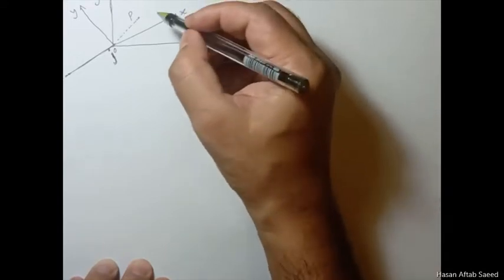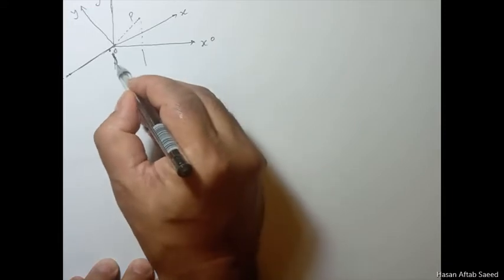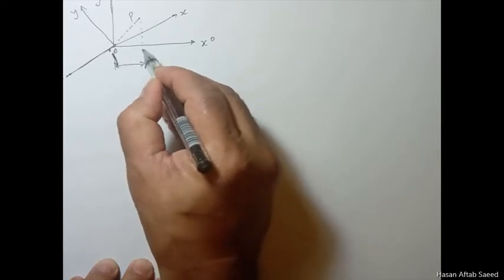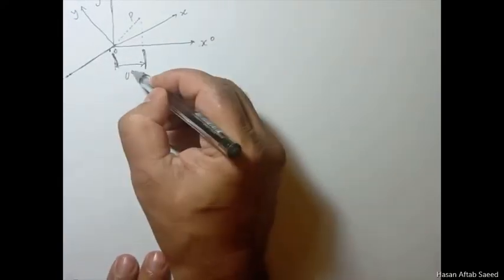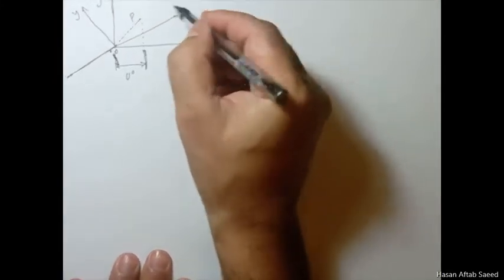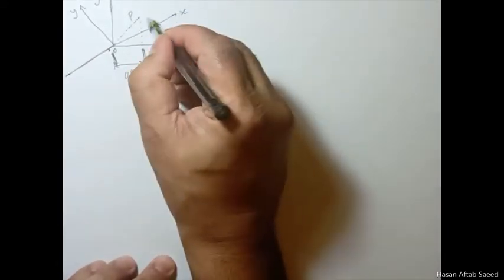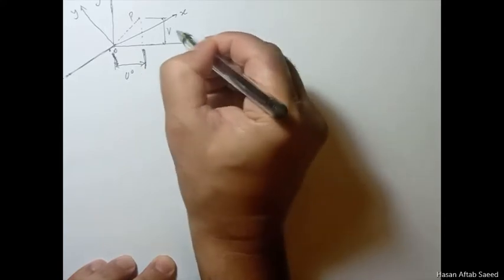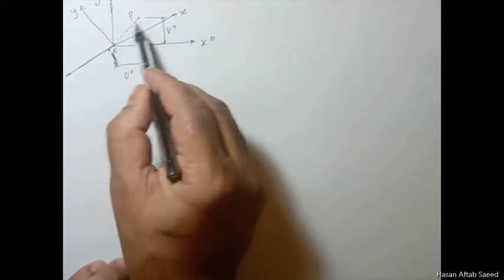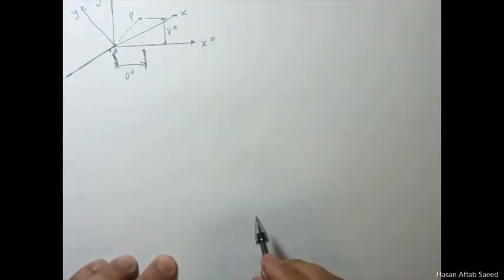This is u naught, the displacement in the x direction, and we are talking about x naught, so u naught in the global system, and this is v naught, the component on the y-axis.